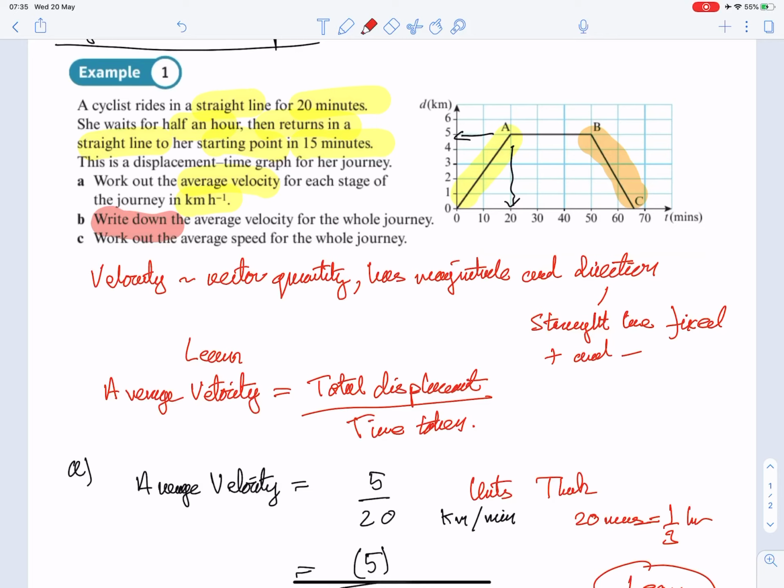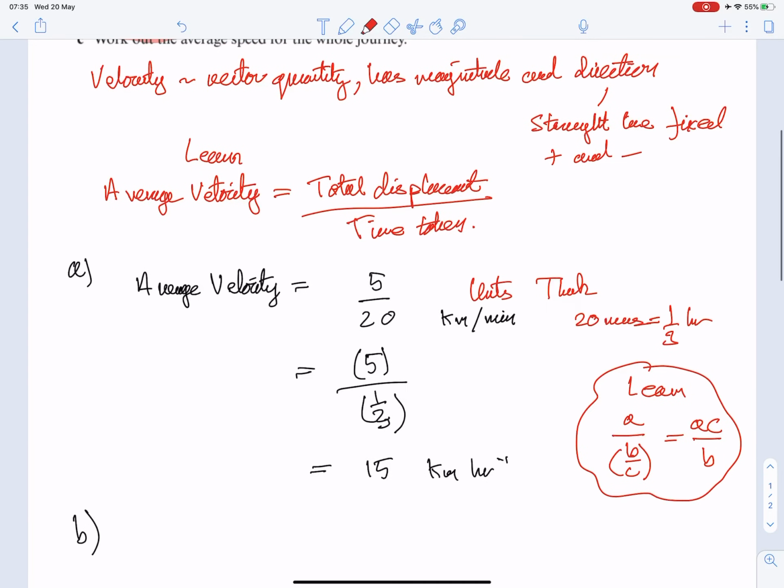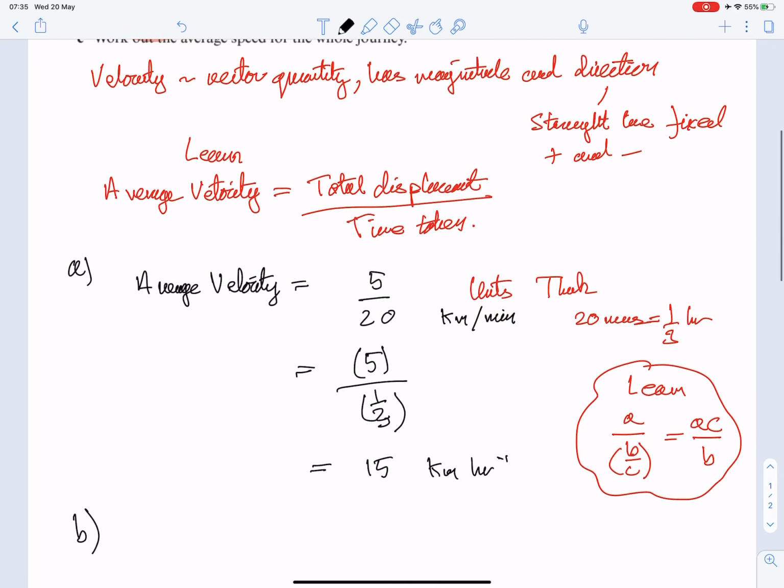The cyclist rides away for 20 minutes and then cycles back for 15 minutes but returns to where she started, because her displacement at the end from the graph is 0. We can read that back along here and we get 0.